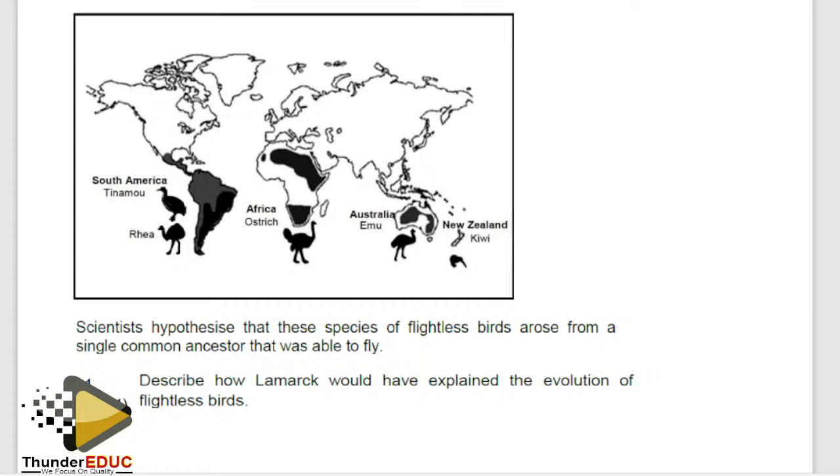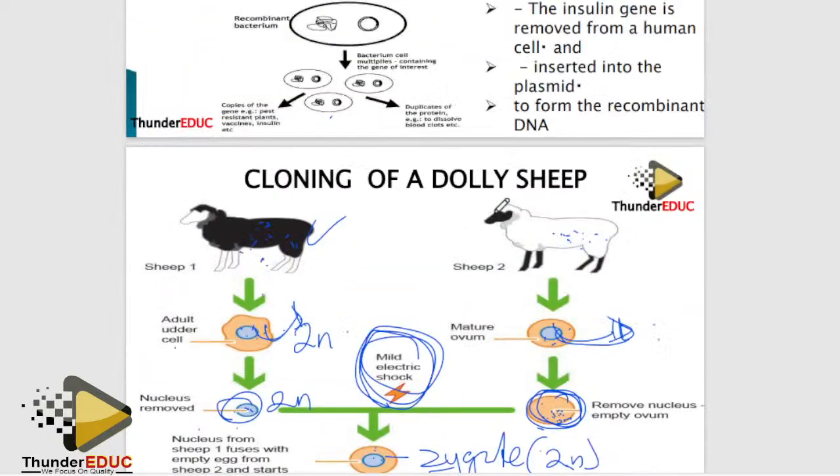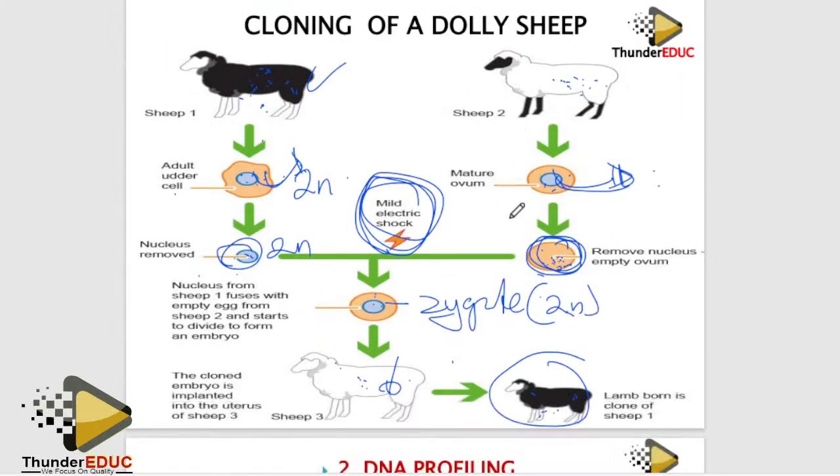Why don't we use the whole genetic material of sheep 1? Maybe you are asking me, why don't we use the whole cell of sheep 1?